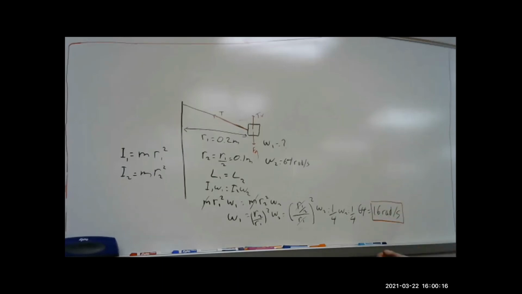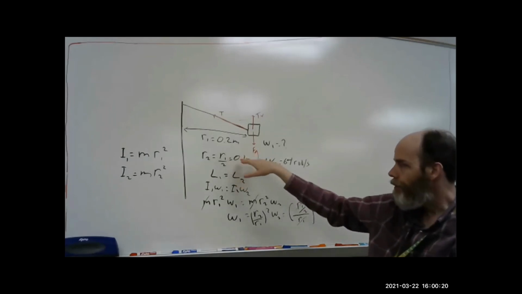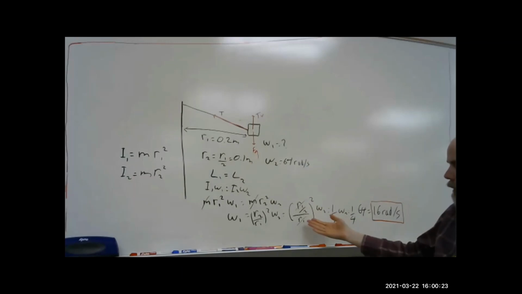Notice I never had to substitute in the actual values of R1 and R2. I just used the symbols. The R1's cancel out, so I didn't even need to know what it was.